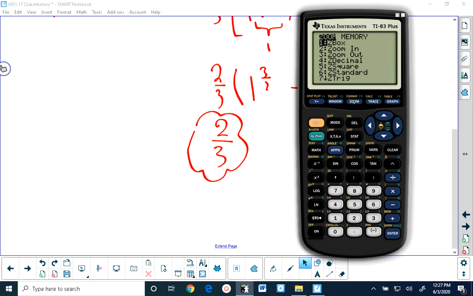Again, I really don't know what this is going to look like, and I don't care. I'm just going to zoom 6. There it is. And I want to evaluate that as an integral from 1 to e. And you get 0.6 repeating, which is 2/3.